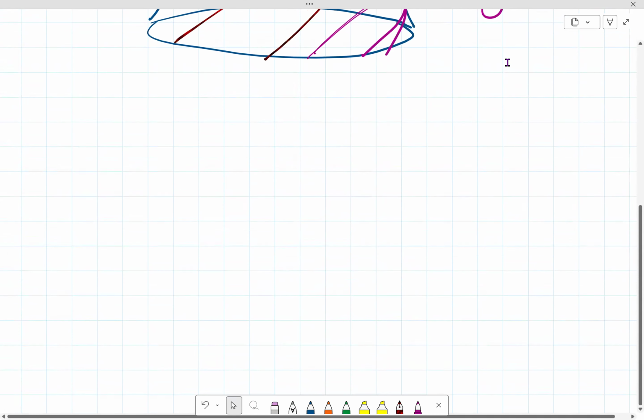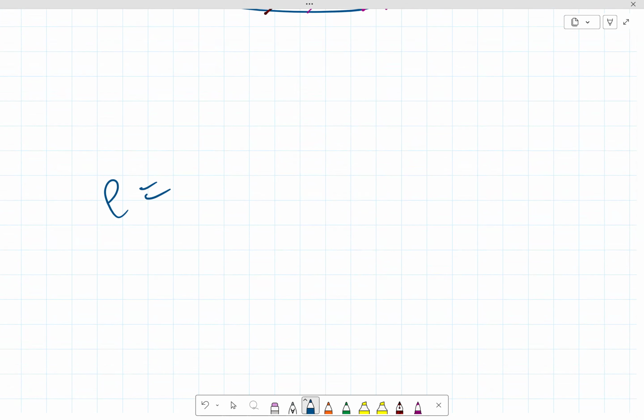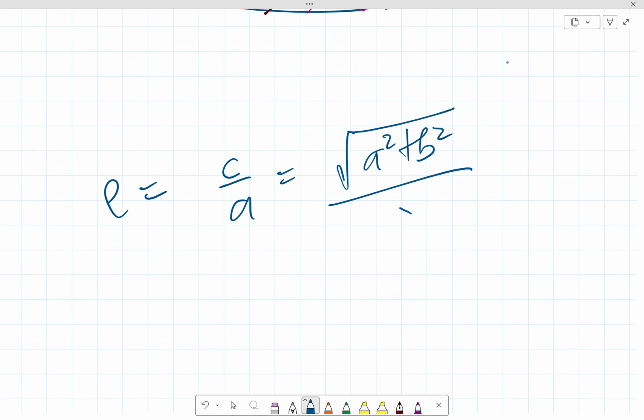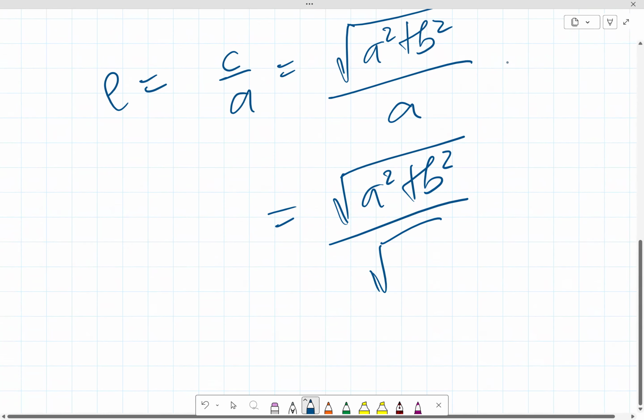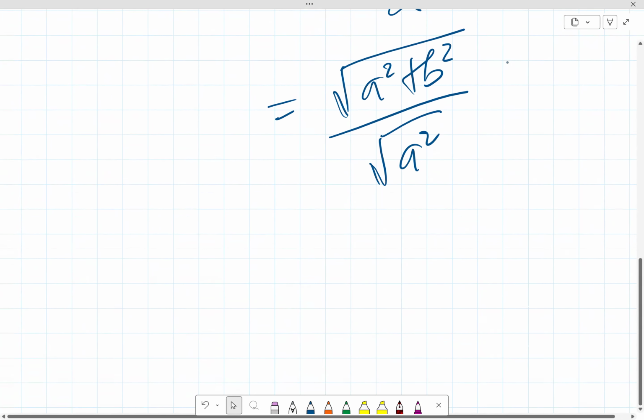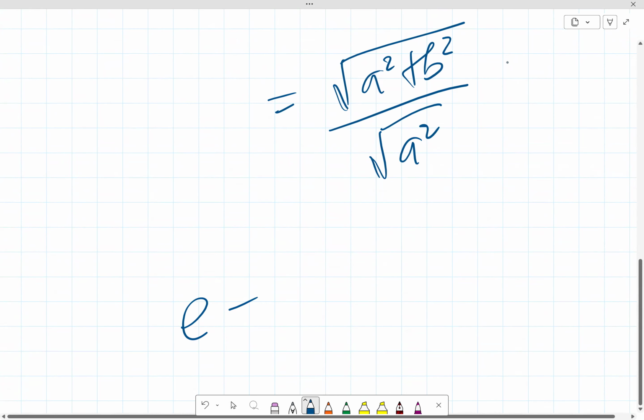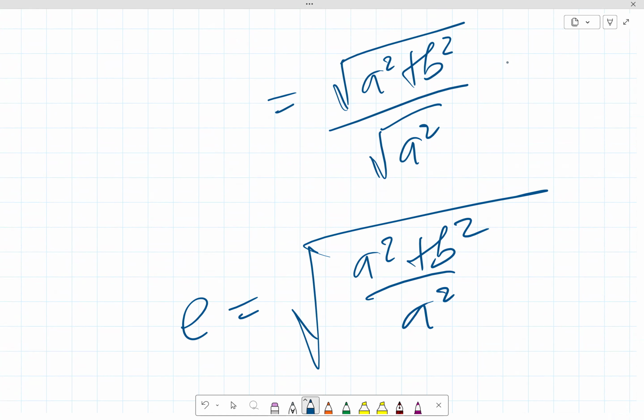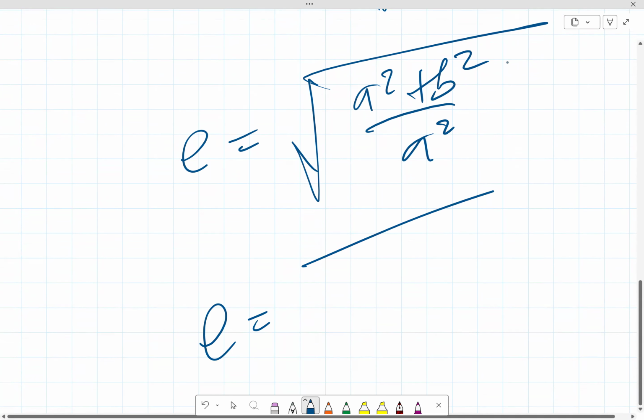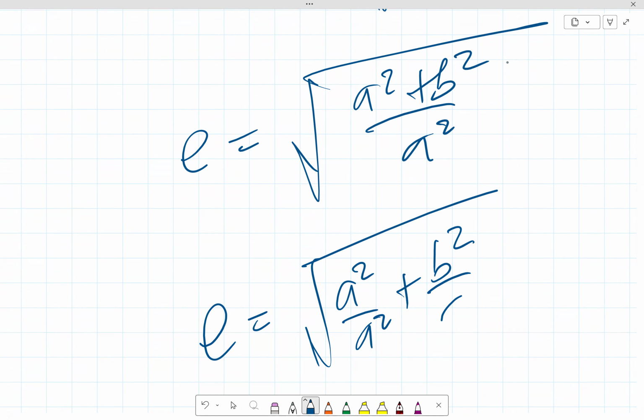So what we mean is that we already know the eccentricity is C over A. And then we know that C is square root of A squared plus B squared, all over A. So this is the same thing as square root of A squared plus B squared all over square root of A squared, and then that means E is square root of A squared over A squared plus B squared over A squared.